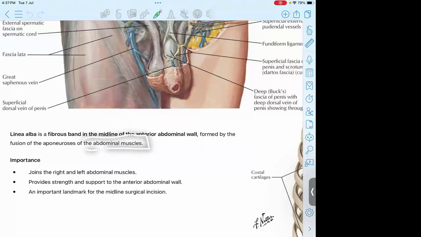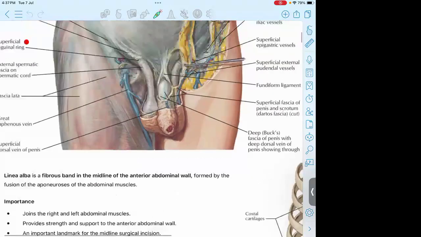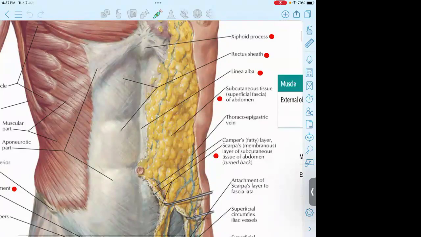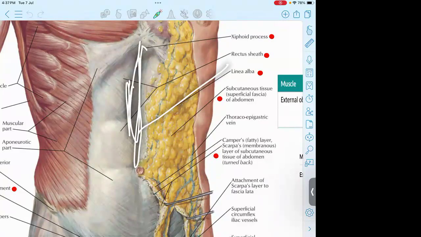So what's its importance? It joins the right and left abdominal muscles, provides strength and support to the anterior abdominal wall, and it is an important landmark for the midline surgical incision. So this is the linea alba, this midline fibrous band.